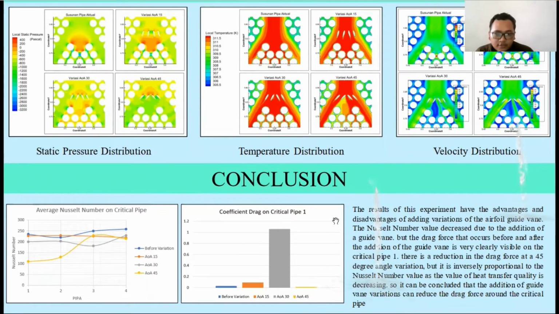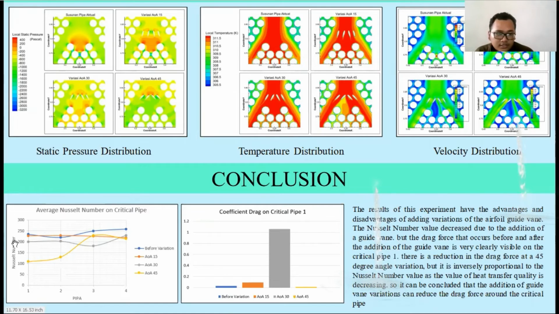My conclusion is that the result of this experiment has advantages and disadvantages from adding variations of the airfoil wet fan. The Nusselt number value increases due to the addition of the wet fan.